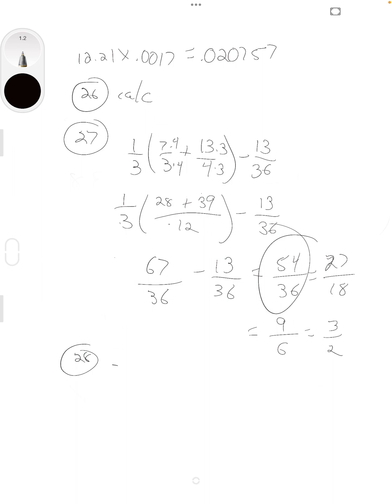2 1/3, that's 7/3 times 12 1/6, that's going to be 73/6 times 1 5/12. 1 5/12 is 17/12. So rather than divided by 17/12, I'm going to say times 12/17.